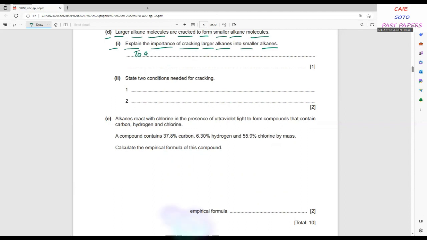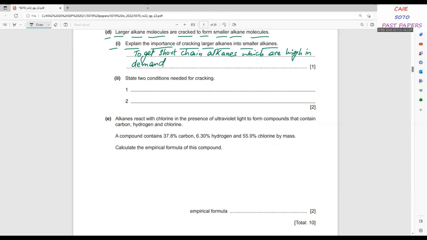To get short chain alkanes, which are high in demand.